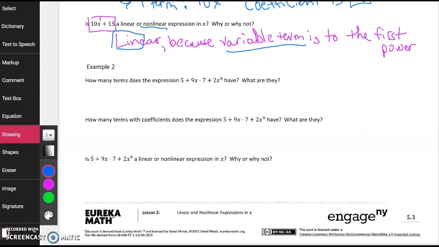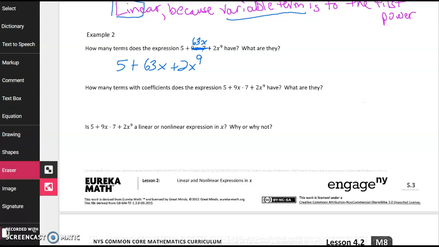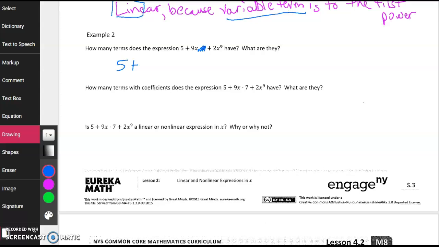Let's look at a few more examples. How many terms does the expression 5 plus 9x plus 2x to the 9th have? I apologize, guys, I had changed the notes here.